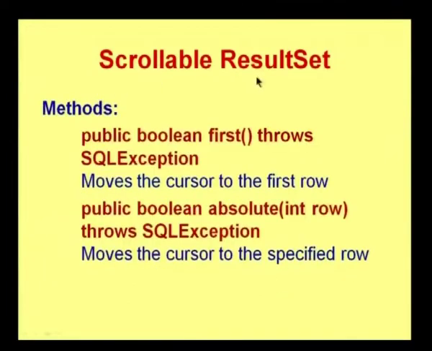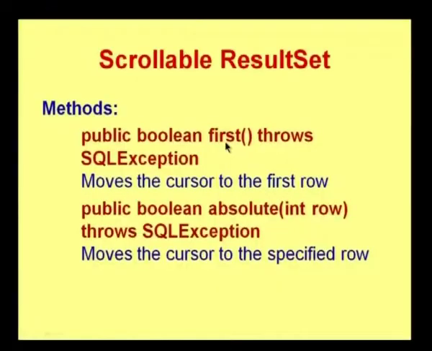Next, a few other methods of the scrollable result set: public boolean first. This first method will always point to the first row. We have already seen that until JDBC 2.0 we do not have an option to move to first or last.